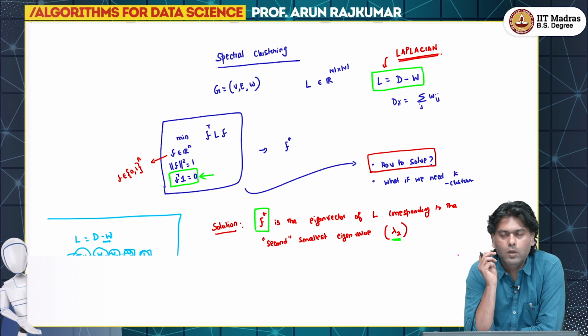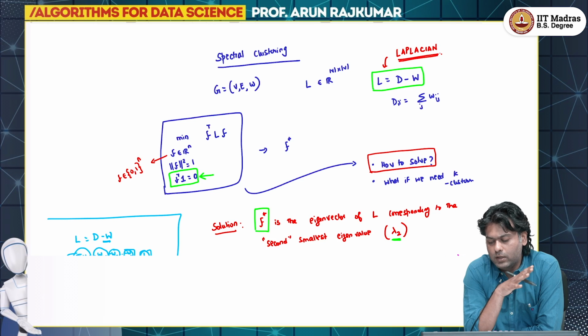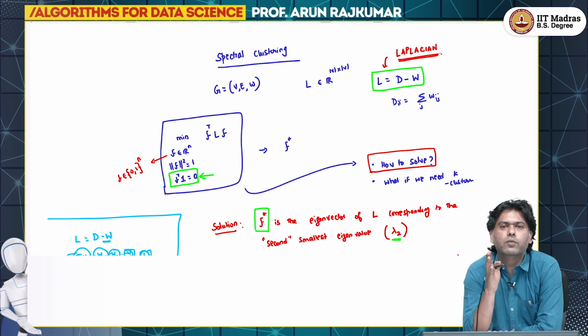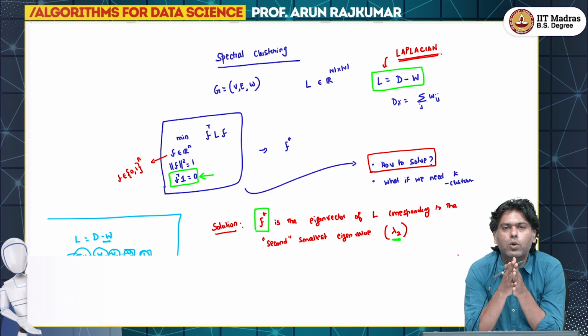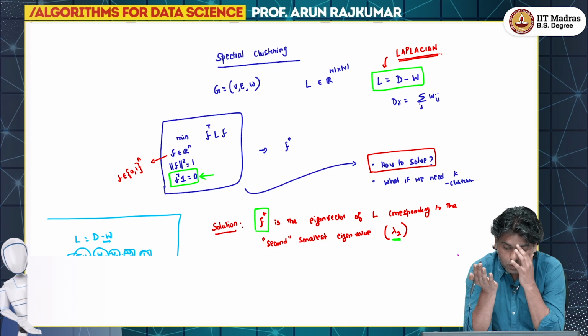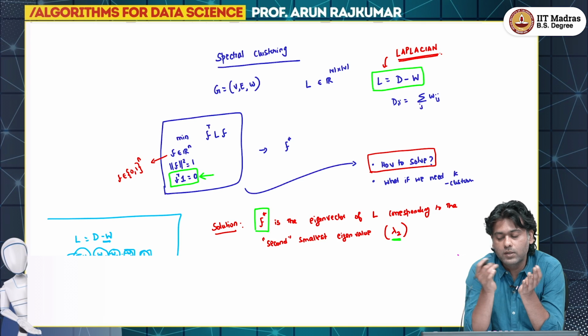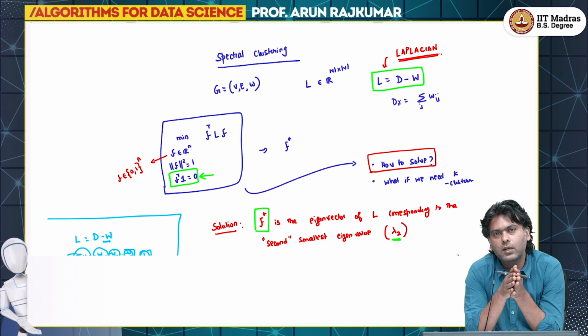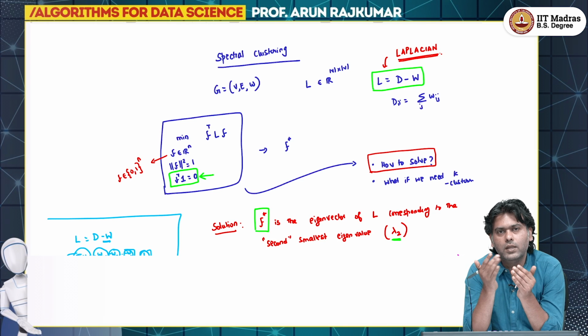So in the spectral clustering algorithm, given a bunch of data points, if you would want to divide that into two clusters, we construct the Laplacian, obtain the eigenvector corresponding to the second smallest eigenvalue, and then threshold it appropriately to get the two clusters.